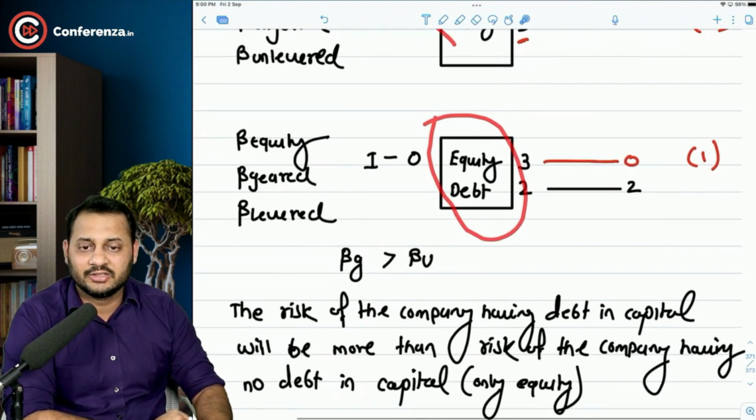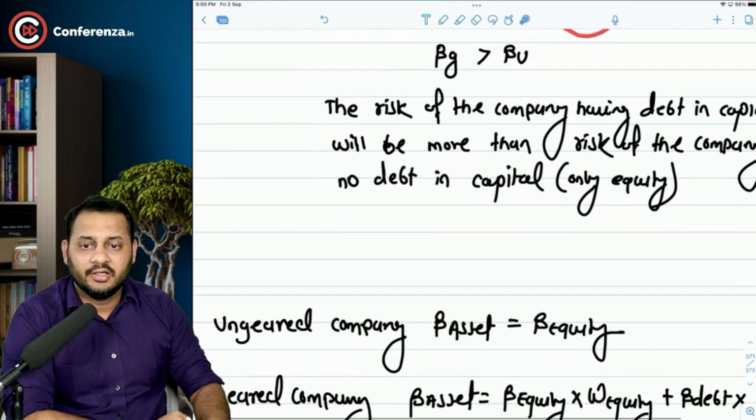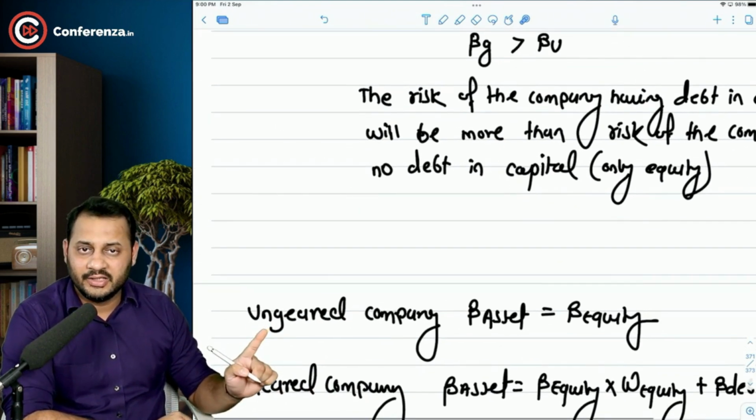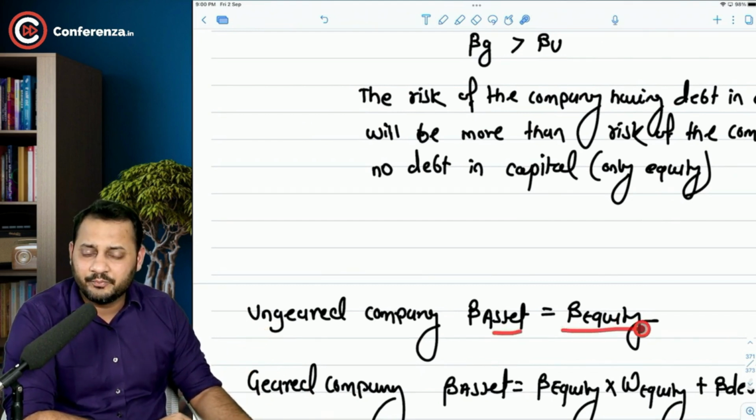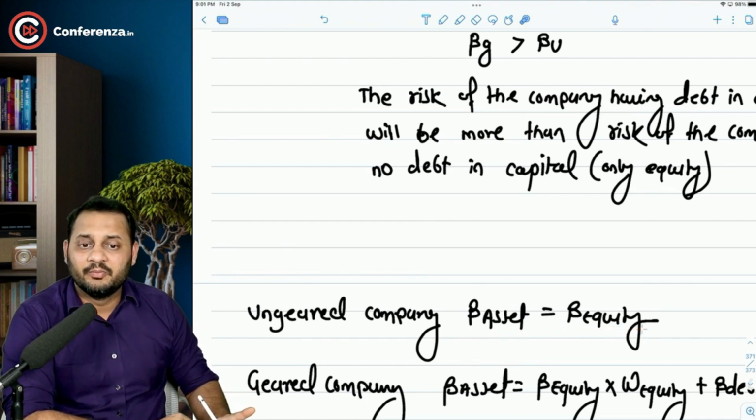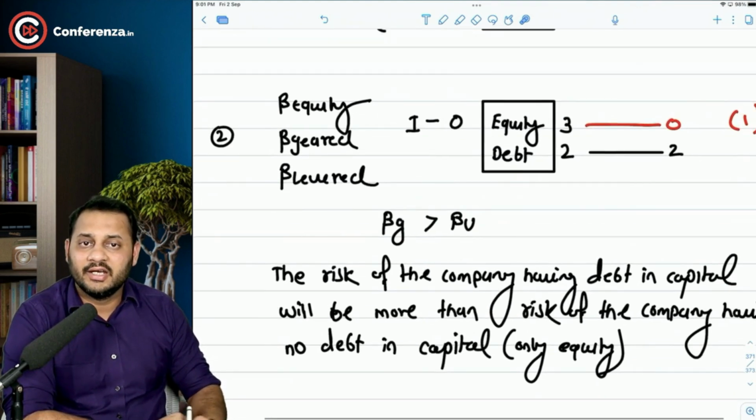So understand this logic, that in case of an ungeared company, that means if there is no debt, the asset beta and the equity beta will be the same. But in case of a geared company, asset beta will include equity and debt both.